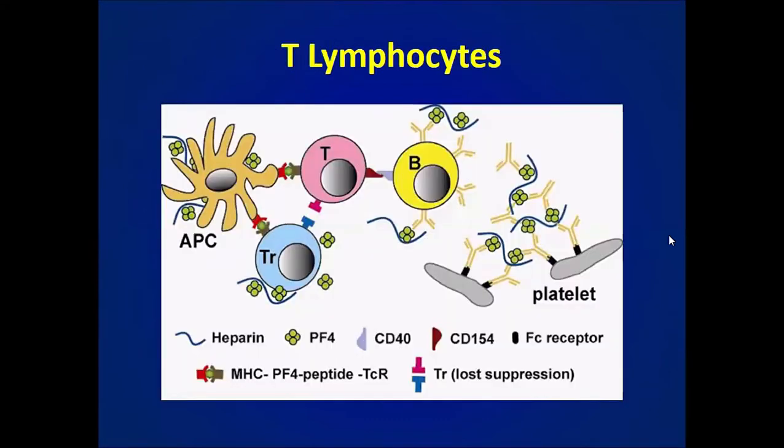Okay, so these are your illustrations of the lymphocytes. This is the T cell, and the yellow one is the B cell. Please take note of how they interact with the macrophage, the antigen presenting cell.